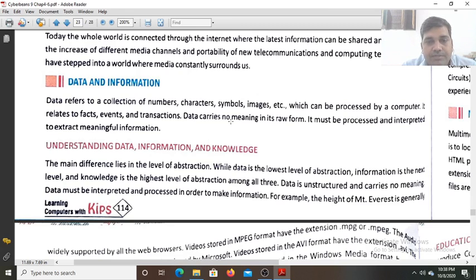Suppose you purchase a telephone directory. In that directory you will find millions of telephone numbers. But all those millions of telephone numbers are of no use to you, because you are only interested in the numbers of your relatives or friends whom you are frequently calling, or sometimes when you need to call some persons, only those numbers you are interested in.